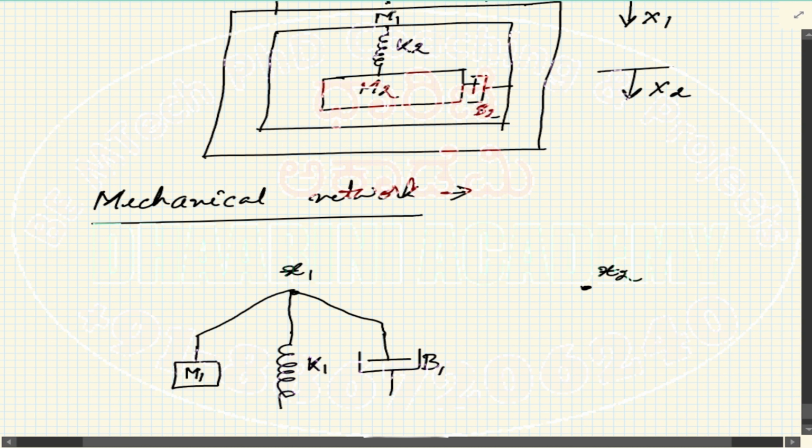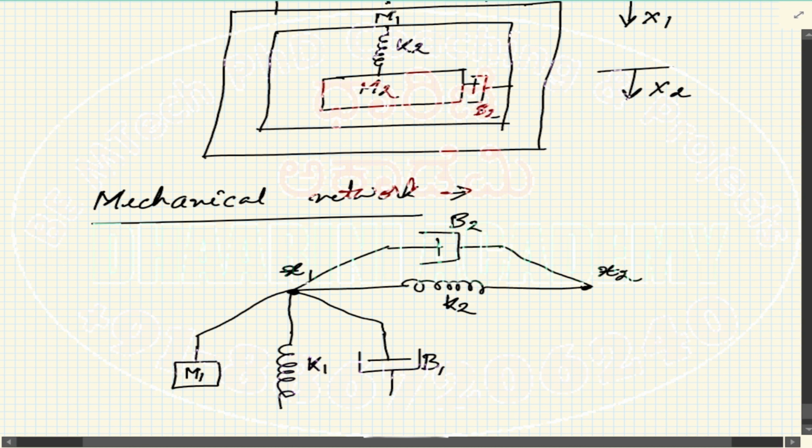Then between x1 and x2 there is a spring, k2, and a damper, b2. Only x2 is connected to a mass, m2. This is connected. All right.